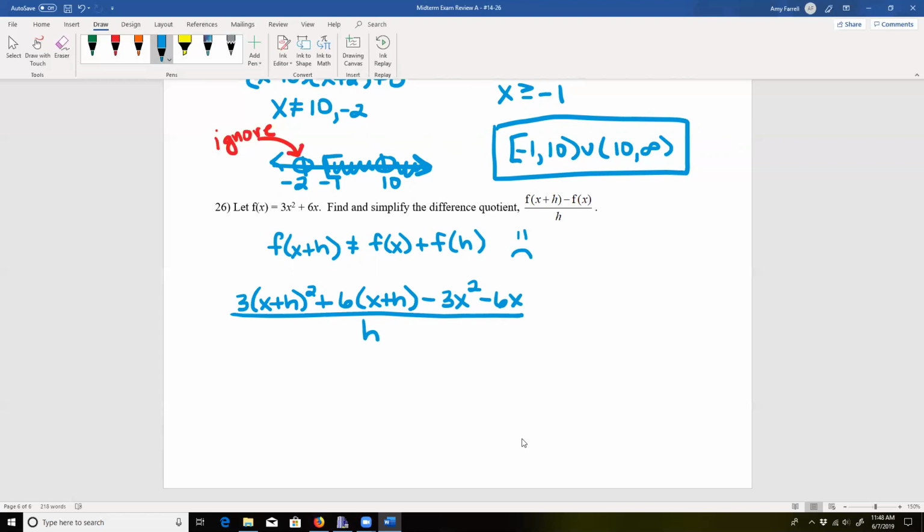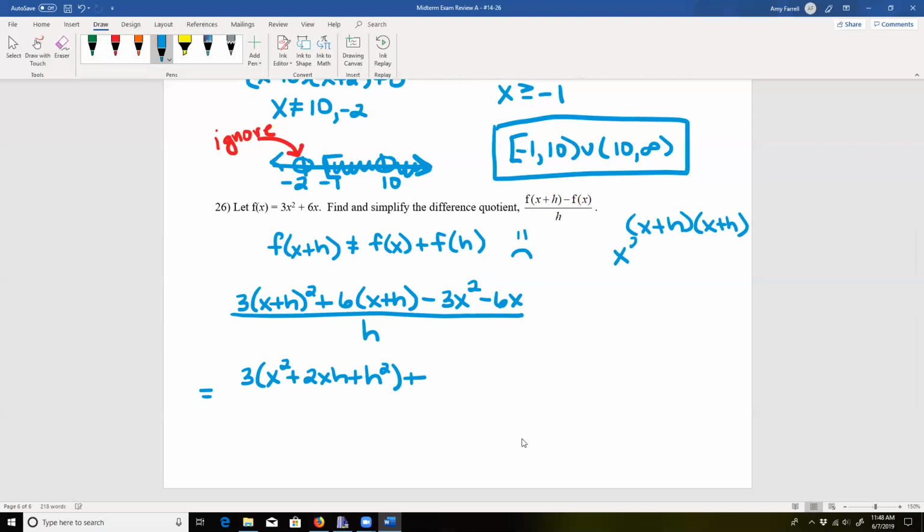Now we're going to figure out what this craziness is here. When you square x plus h, this is what you get. I've done this so many times, I have it memorized. I don't expect you to memorize it. To square x plus h, you could just write it twice and FOIL.